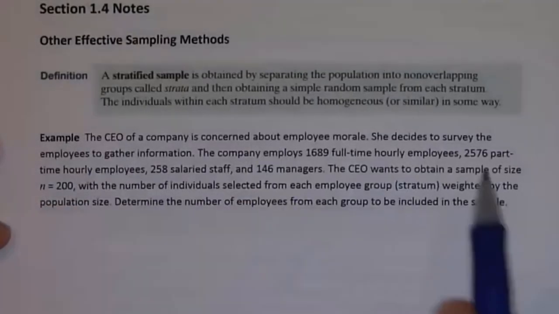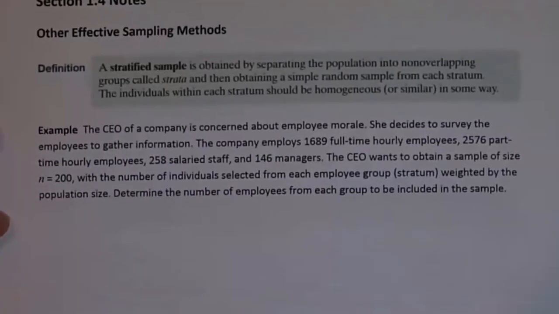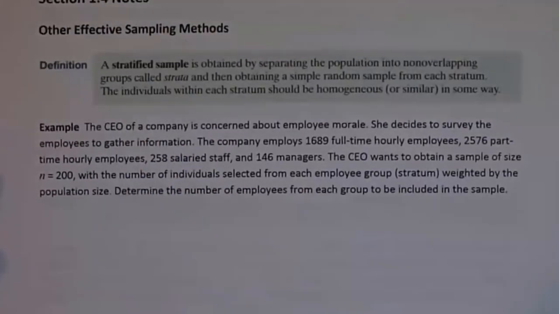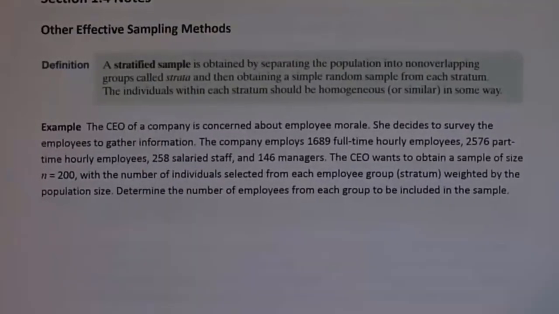So let's talk about these other sampling methods. So first, the stratified sample. With a stratified sample, we divide the population into subgroups. And these subgroups are homogeneous, meaning that in order for an individual to go into a subgroup, those individuals have some common characteristic that's important to our research. The groups that we divide the individuals into are called strata.